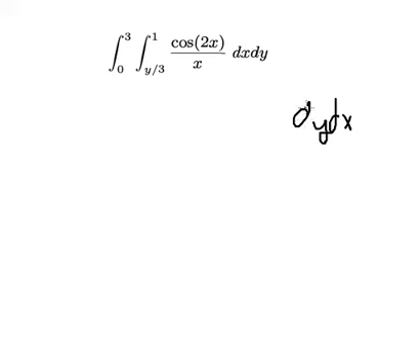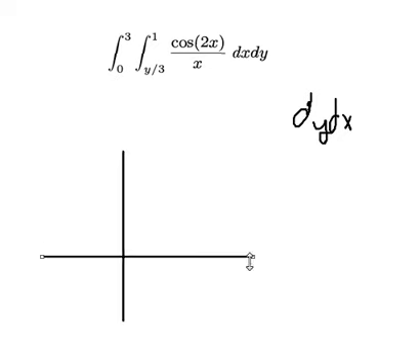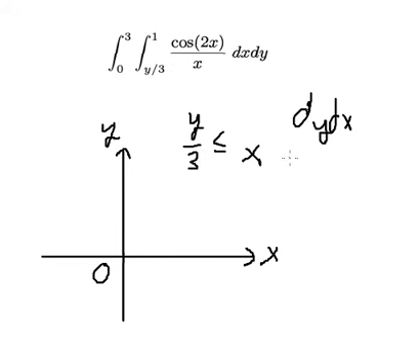Before we change this one, we need to draw the region in here. We see that s will be greater than or equal to y over 3 and smaller than or equal to number 1.